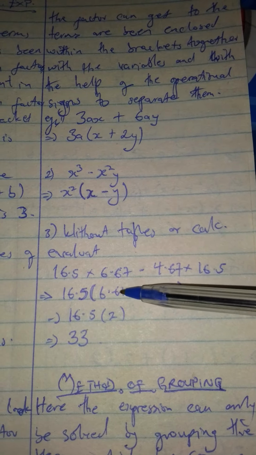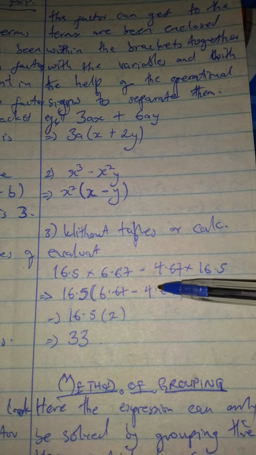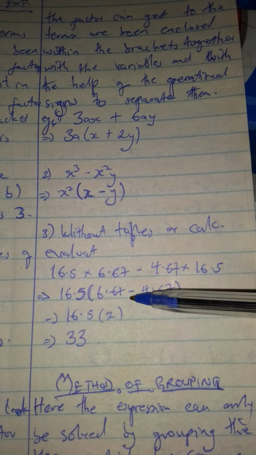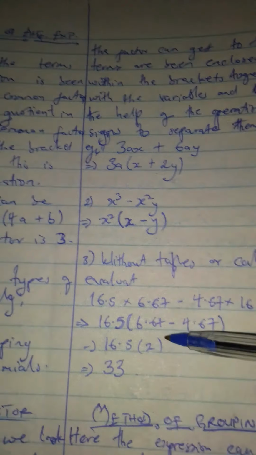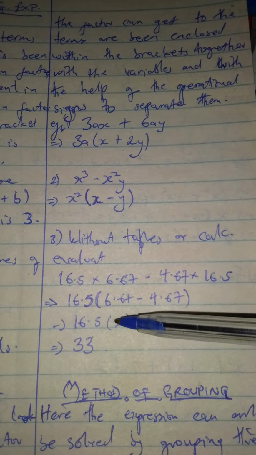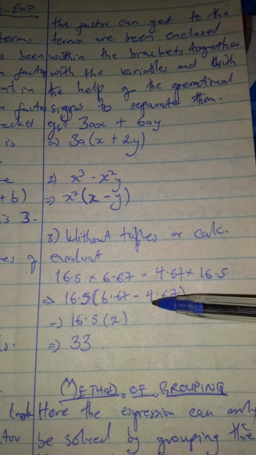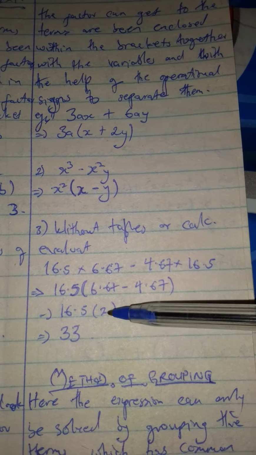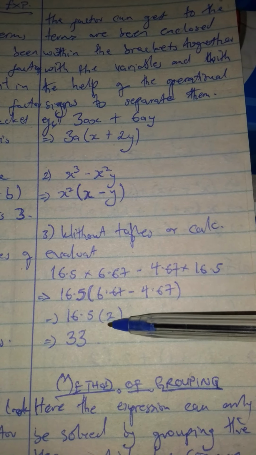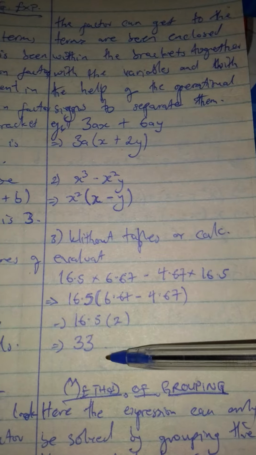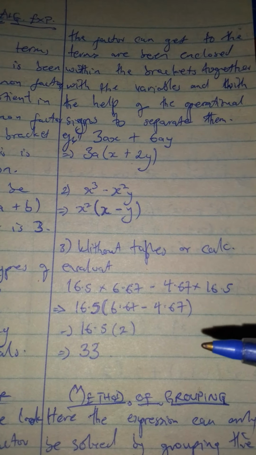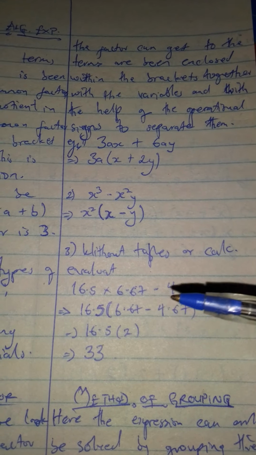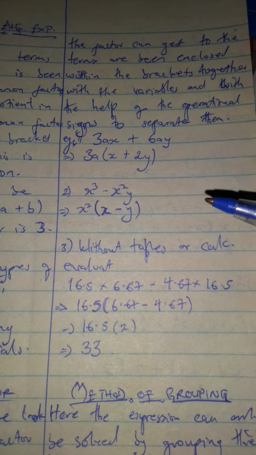The 6.67 is left here and the 4.67 is also left here. Then the operational sign still remains the same, minus, it doesn't change. So here you can notice that when you subtract 4.67 from 6.67, you are going to get 2. Then 16.5 multiplied by 2, you are going to get 33. Not only variables that we do factorization on, we can do factorization on numerals only.